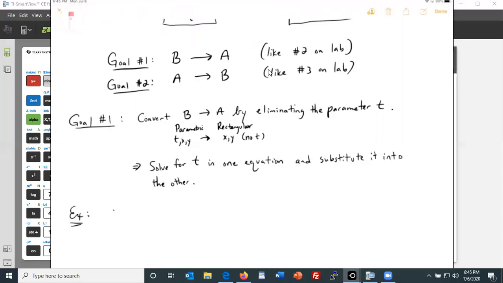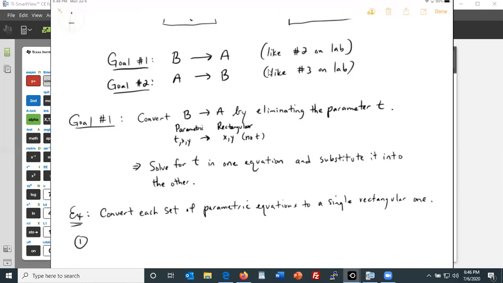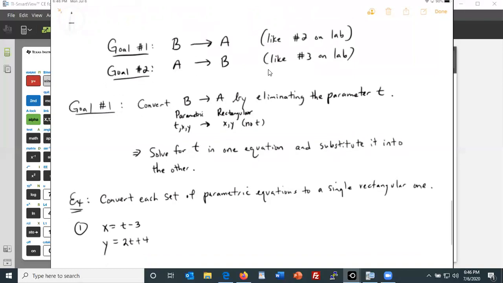So convert each set of parametric equations to a single rectangular one. So I'm going to give you a minute there to catch up.